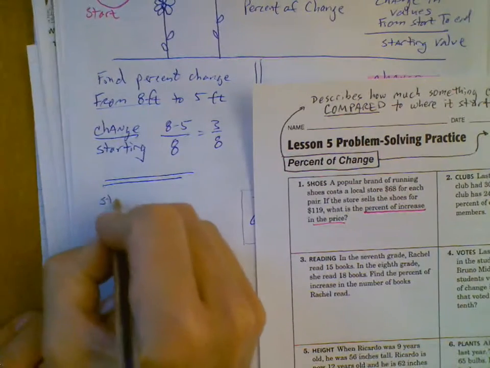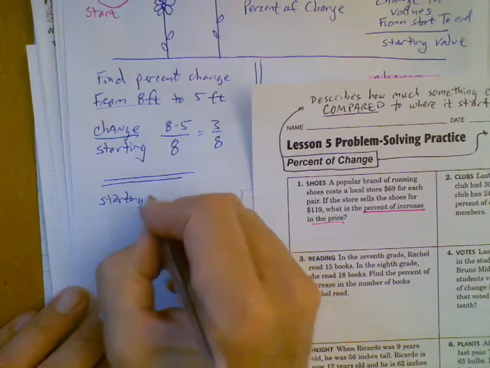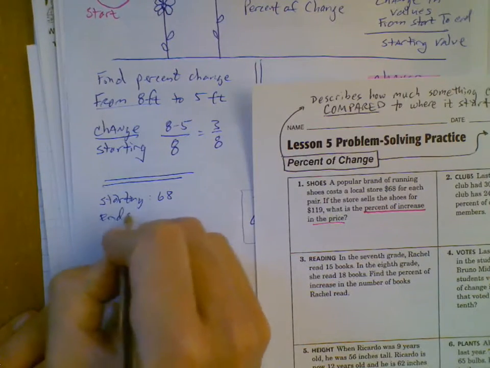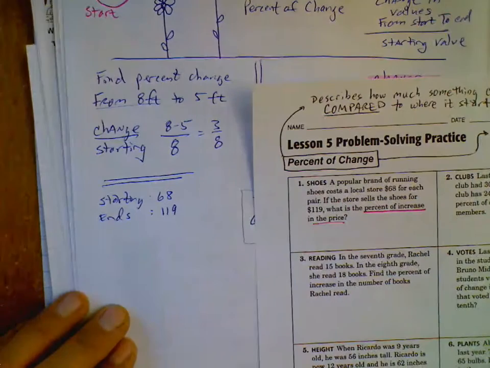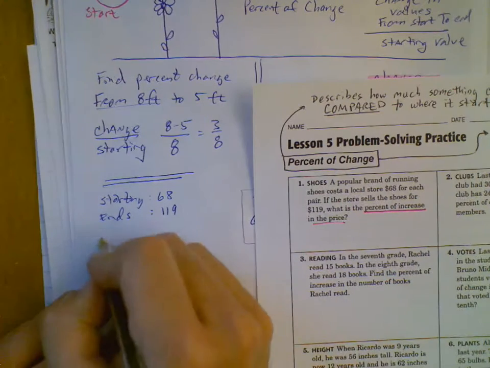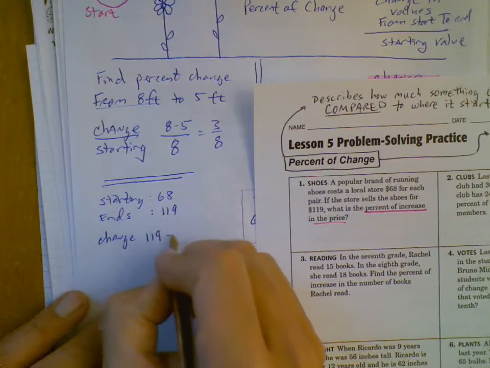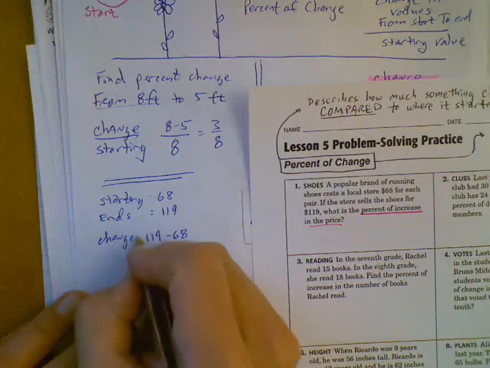So my starting value starts at $68 and it ends at their selling price, which is $119. I want to find the percent increase. The change is simply going to be the difference, 119 minus 68. What's 119 minus 68?